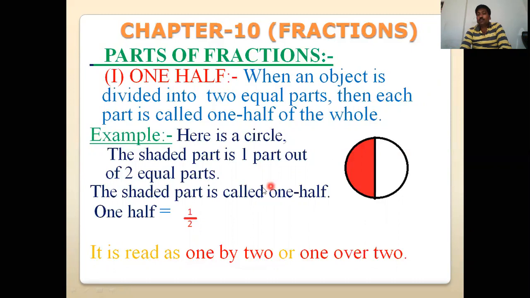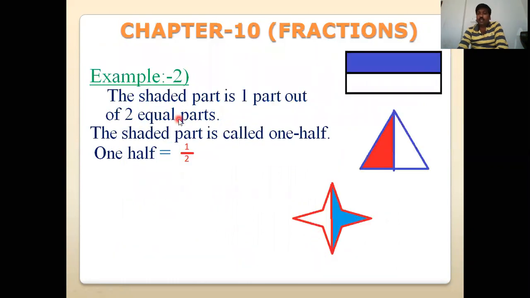We can write it this way and read it this way, 1 by 2 or 1 over 2. But 1 by 2 is the familiar way, which most people know. Now here are some other examples.